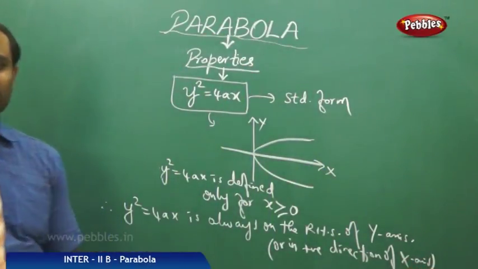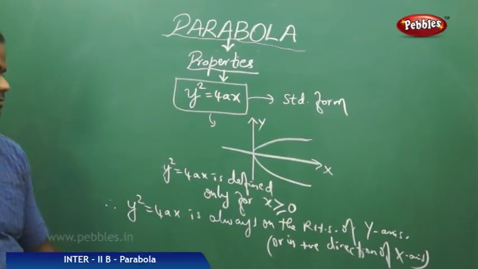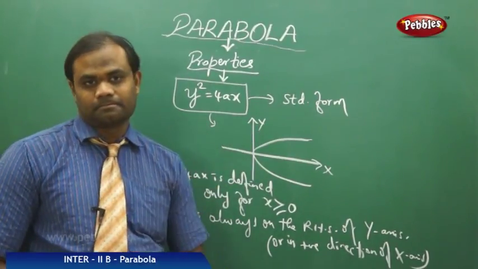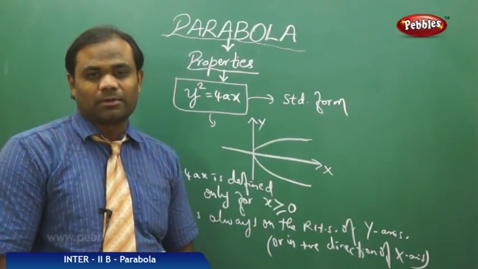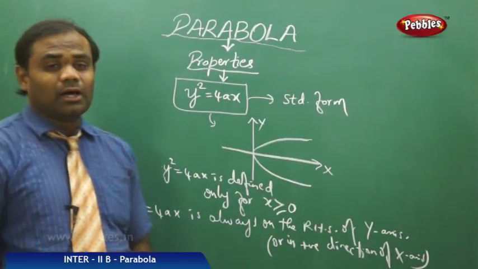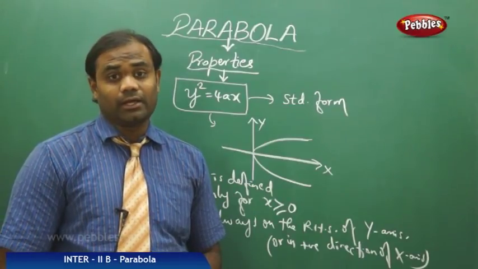It cannot cross the negative direction of x-axis, as you can clearly see out here. So let's see the next property which is identified for the parabola y squared equal to 4ax.